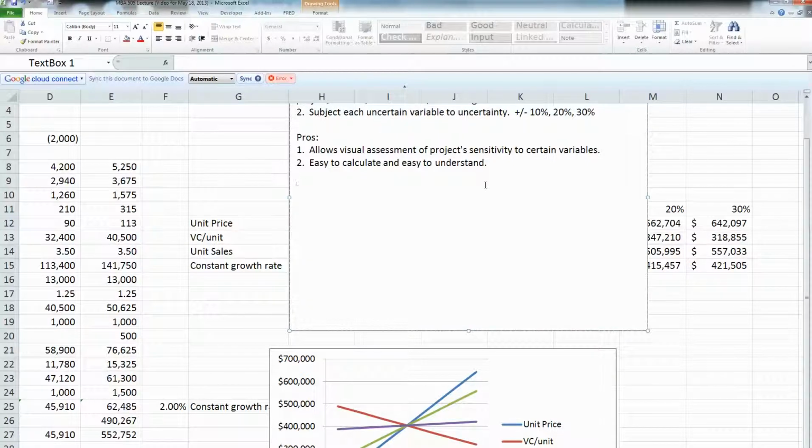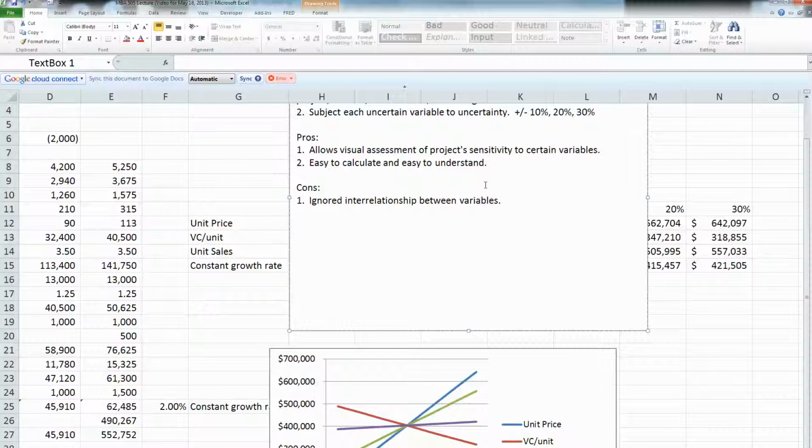But it's got some serious cons. First, I only evaluated one variable at a time. I completely ignored the interrelationships between variables. So, for instance, if I lowered my price, then in all likelihood my unit sales would go up.